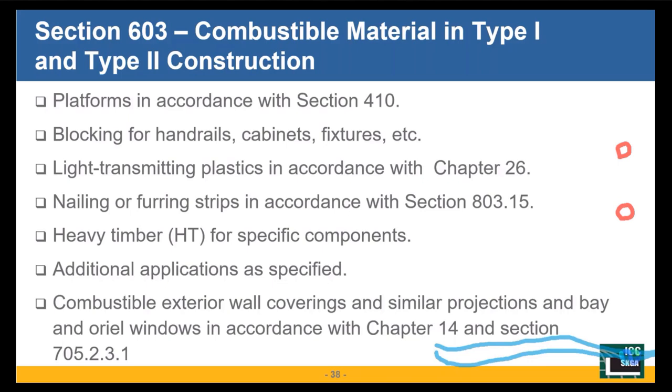Nailing or furring strips in accordance with Section 803.15. Chapter 8 is interior environment, deals with flammable interior, flammable roof covering, and so forth. Heavy timber construction for specific components is allowed, and other additional applications.